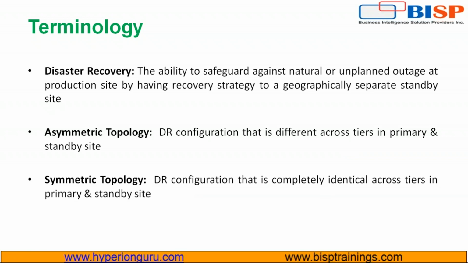Sometimes, and I have seen this personally, clients don't want to spend much on DR. They just want DR so that they can run their business for some time, but they don't want an exact replica of the original primary site. So in case they don't have the exact replica, where your primary site is not the same as your DR, that is called asymmetric topology. And if it is symmetric, that means everything is the same, software by software, piece by piece.